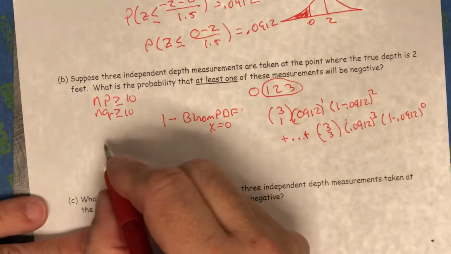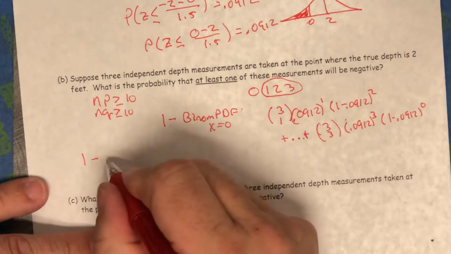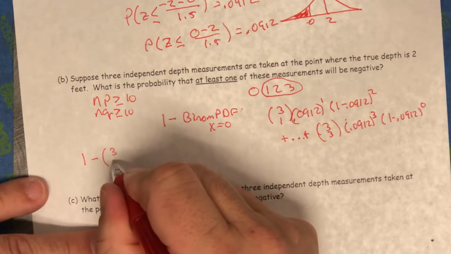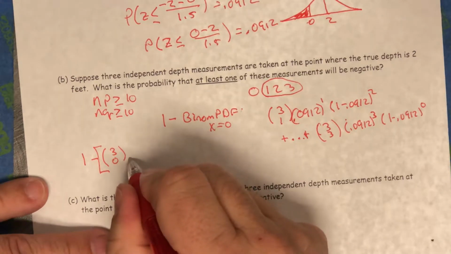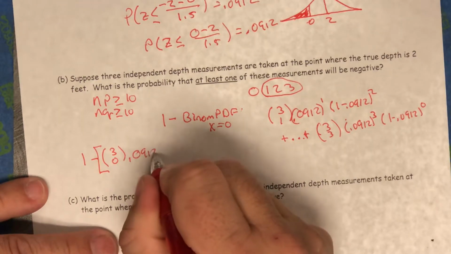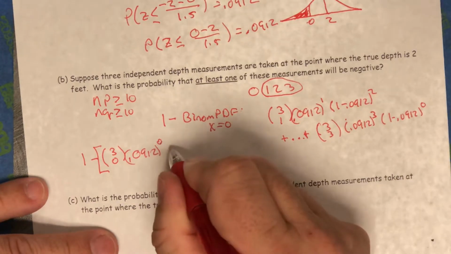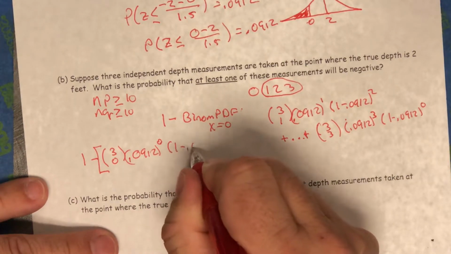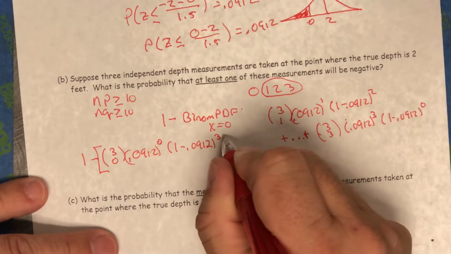The other way would be 1 minus 3 choose 0, 0.0912 to the 0, 1 minus 0.0912 cubed.